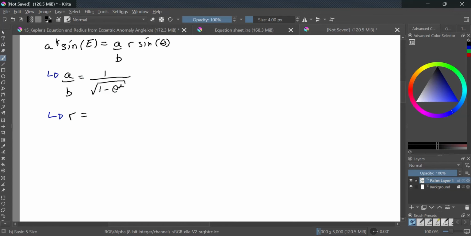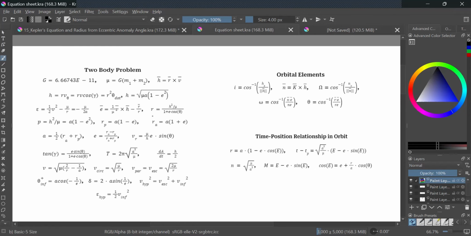And for this one, I think we're going to have an easier time if we look at our orbit equation. But I don't want h squared and mu. I don't feel as though I need that. So instead, we're... Where'd it go? There it is. H squared by mu, I'm going to replace that with a times 1 minus e squared.